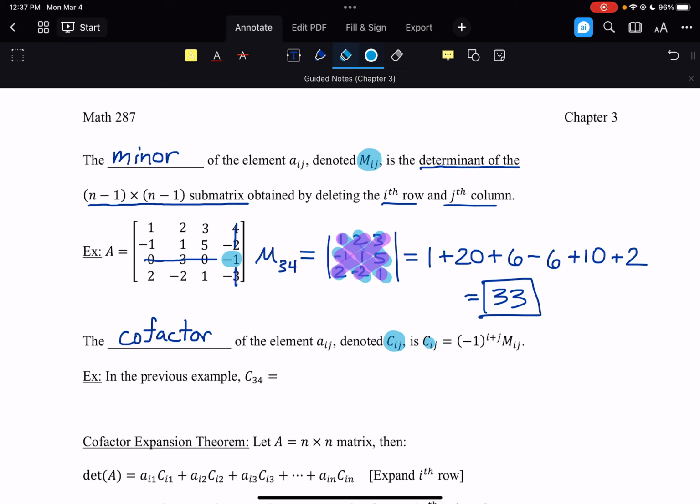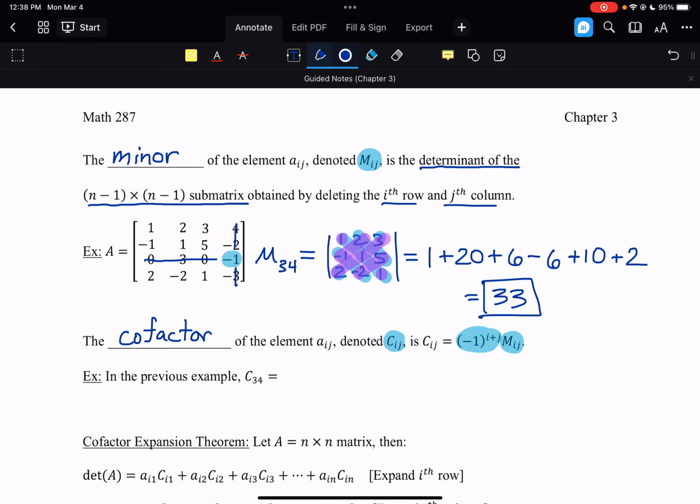Now the cofactor is computed by taking the minor times -1 raised to the i plus j power. So essentially, we're taking the same calculation as the minor, okay?